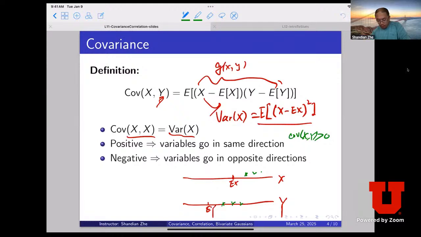Or when X shows up on the left of its expectation, then Y will be observed most of the time on the left of its expectation as well. That reflects that X and Y are varying in the same direction. So you get a positive covariance value.